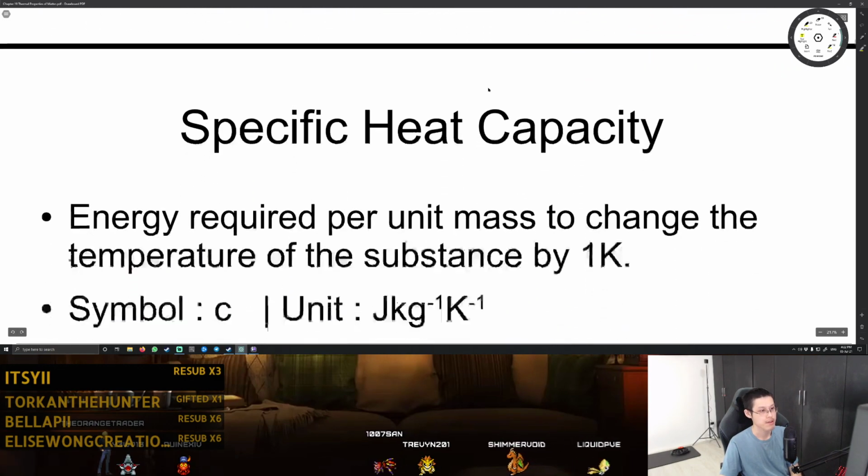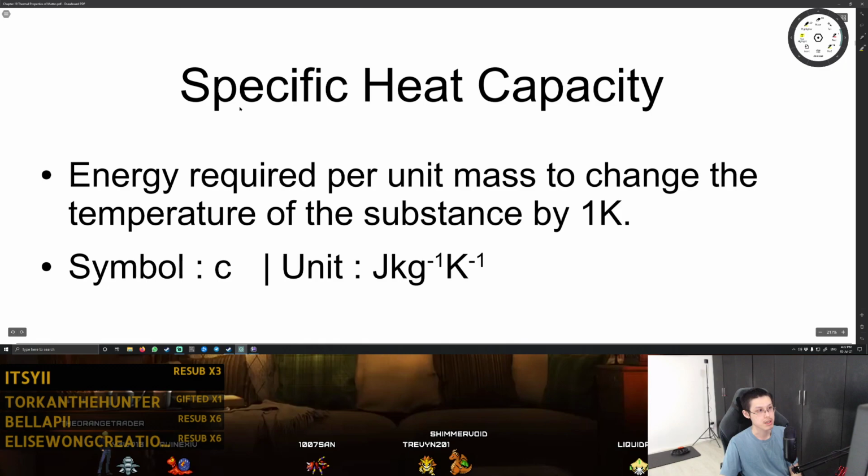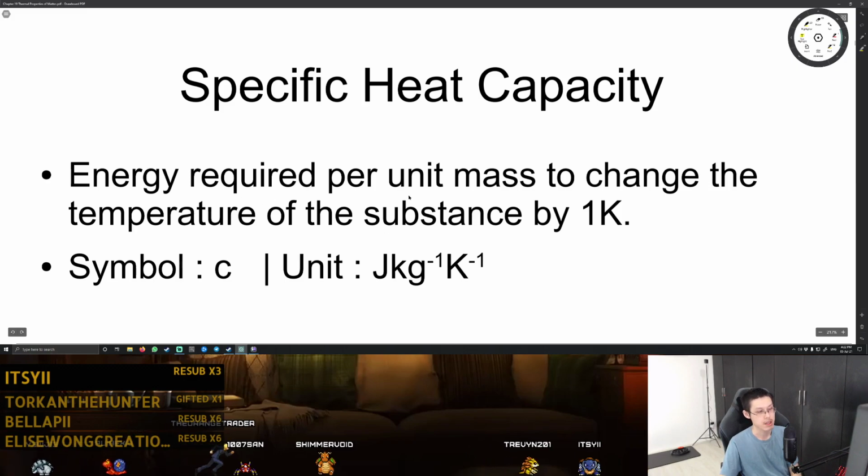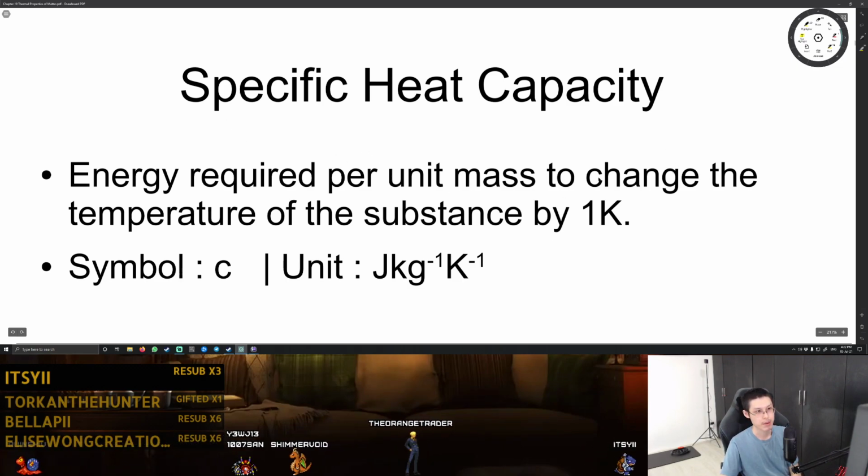Okay, moving on. Next up, we have the specific heat capacity. So what exactly is the specific heat capacity? It is how much energy you need per unit mass to change the temperature of the substance by 1 kelvin. So the higher the specific heat capacity of an object, the harder it is to increase its temperature.